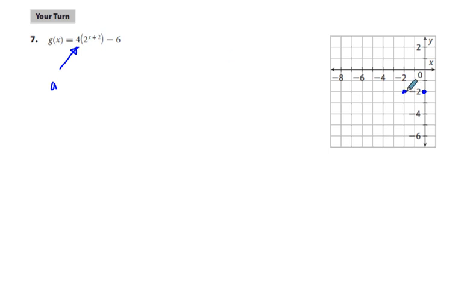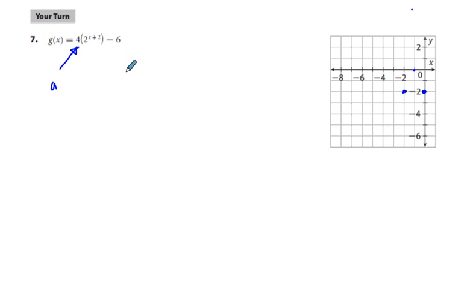So we would have 2 to the 1 would be 2. That's going to be times 4. So it's going to be way up here. And we could just make a table and input what that would look like.